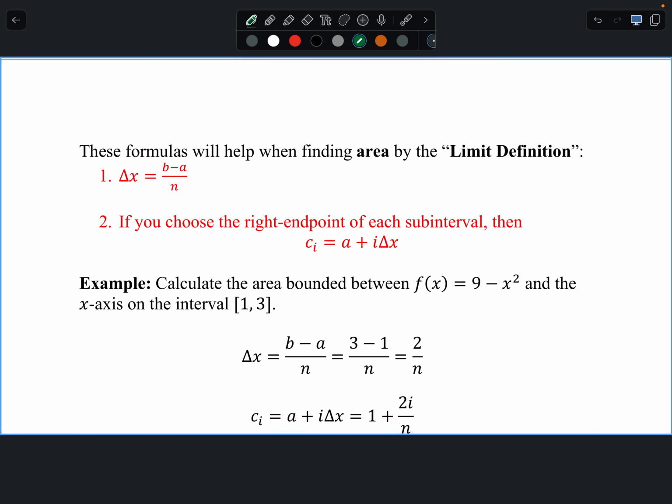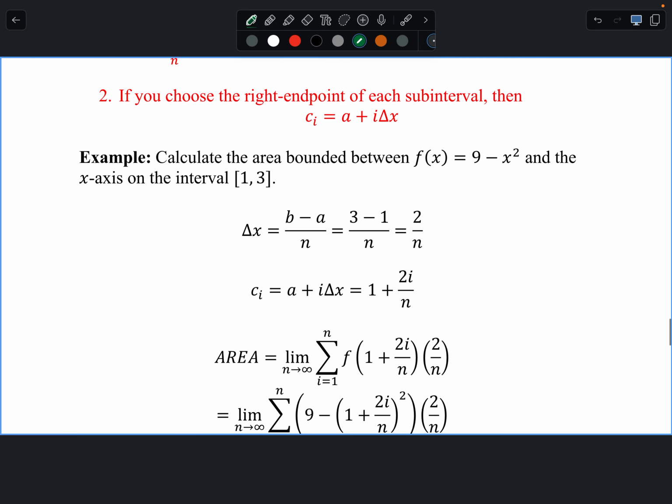And then the limit as n approaches infinity of this would be 2. Right? Your n behavior model would be 2n squared over n squared, which is 2. So that limit ends up being 16 minus 4 minus 8/3, which is 28/3. So that's the actual area of f of x on the interval from 1 to 3.